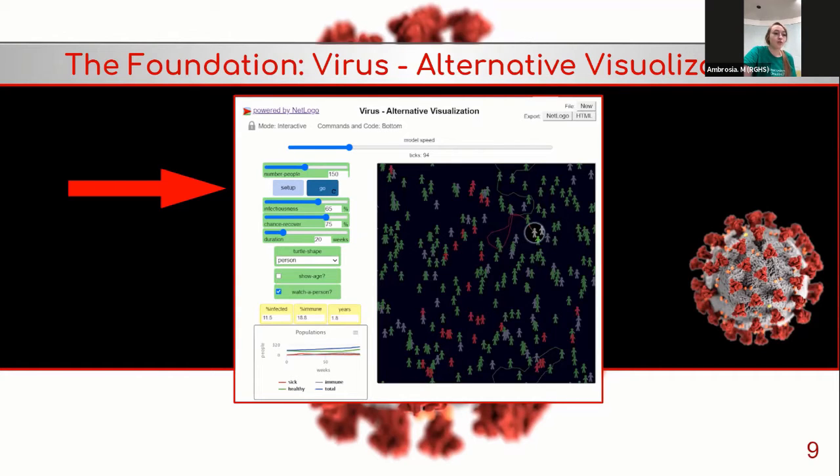We chose this model because it had several things we wanted to use already in it, like the sliders for number of people, infectiousness, duration of disease, the ability to watch a person, which is a special feature on our model, and the chance to recover from the virus. It also has a setup of people-shaped turtles, which are color-coded to see who is sick, healthy, or immune. The green ones are the healthy ones, the red ones are the sick ones, and the gray are immune.